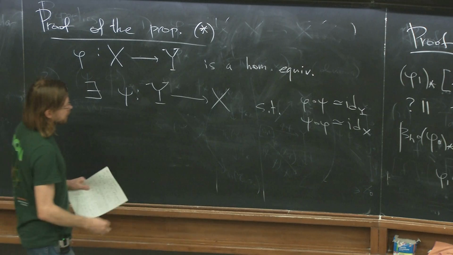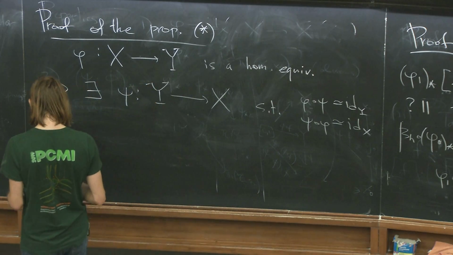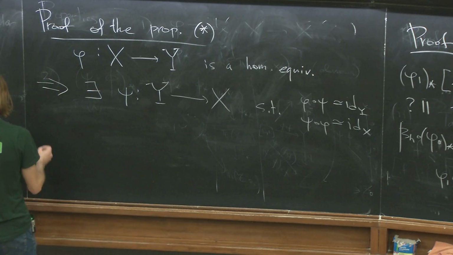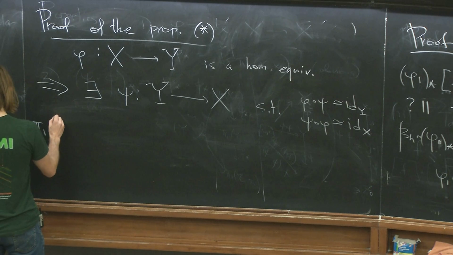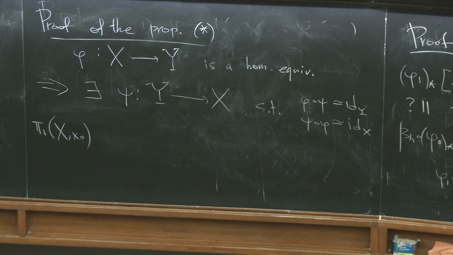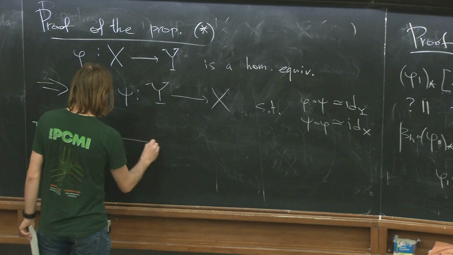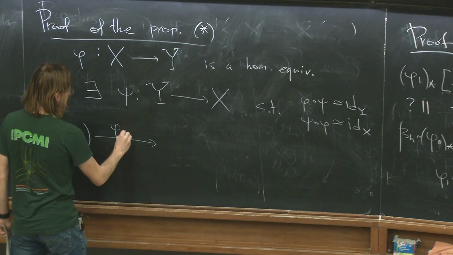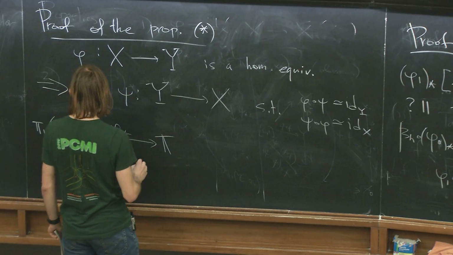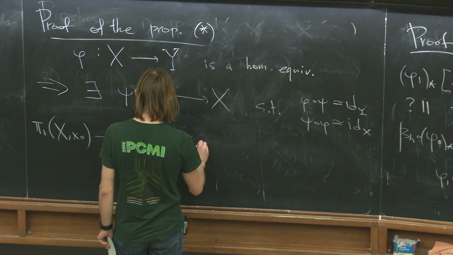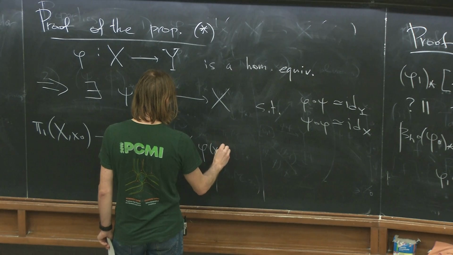Okay, so let's see what happens if we consider the corresponding push forwards. Let us fix some base point x0 in x, and consider this fundamental group, and then push forward by phi. It will be a homomorphism to pi 1 of y, with base point phi of x0.